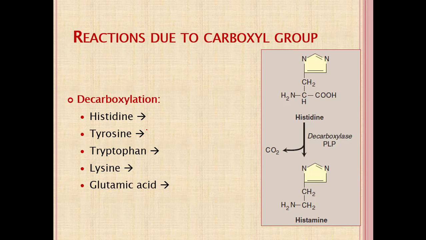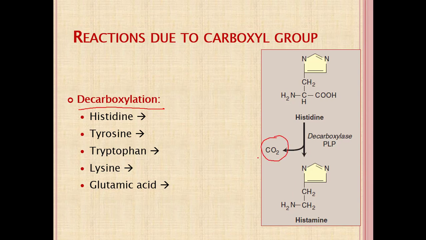Basic reactions related to amino acid metabolism include reactions due to the carboxyl group. One of the reactions related to the carboxyl group is the removal of the carboxyl group. That reaction is known as decarboxylation. One example of decarboxylation is the conversion of histidine to histamine. In that case, what happened?